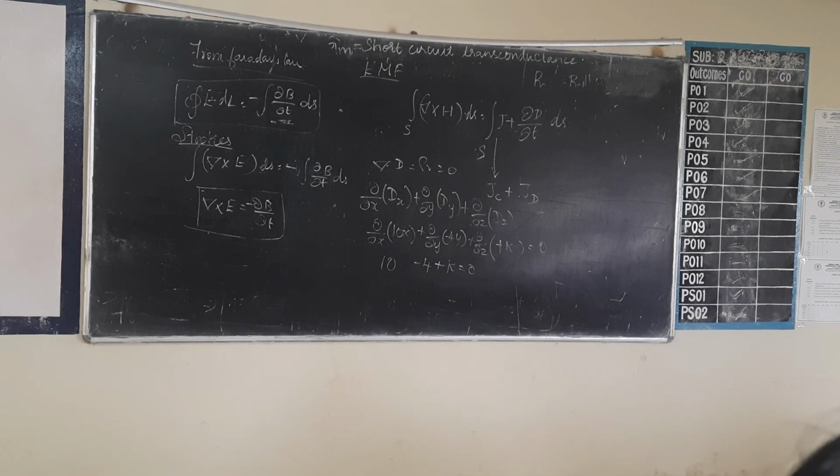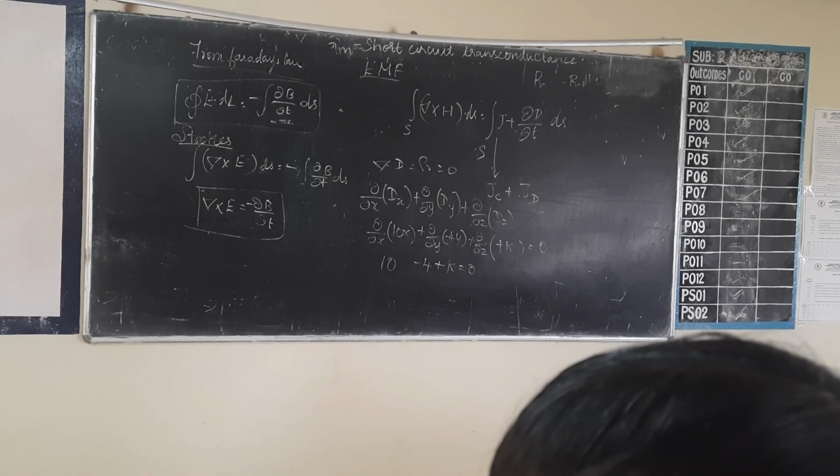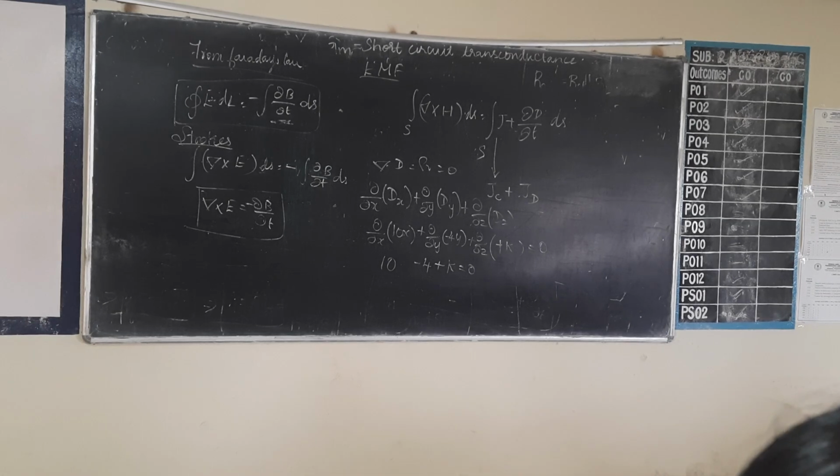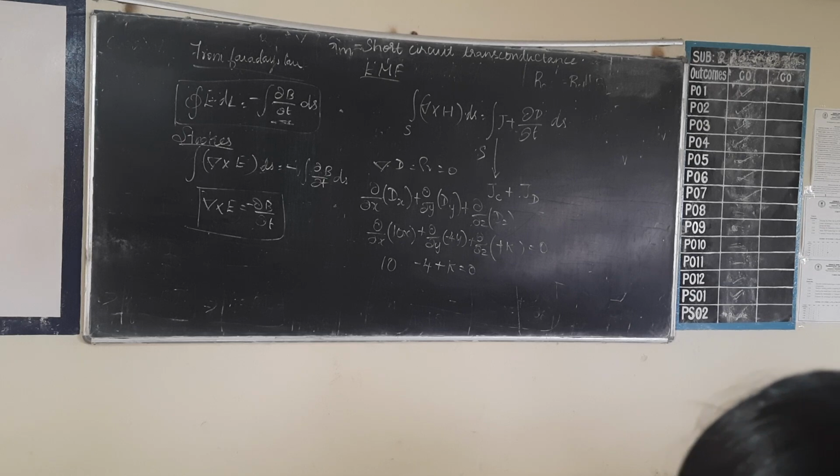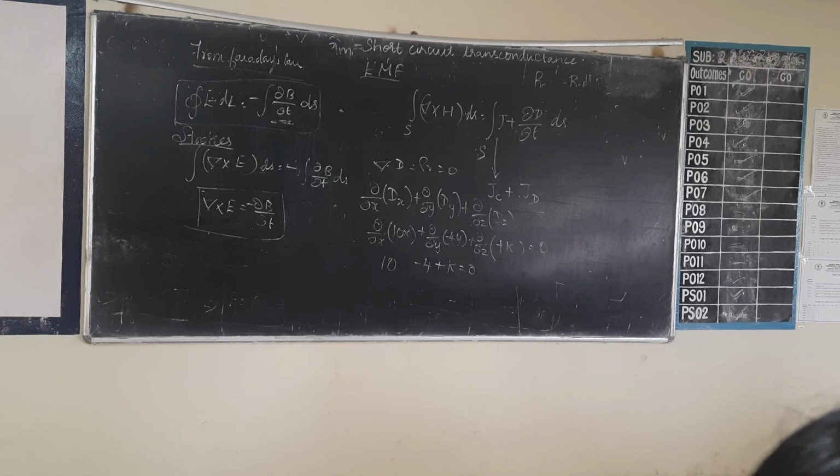Using Maxwell's equation, find epsilon r and H of z comma t.